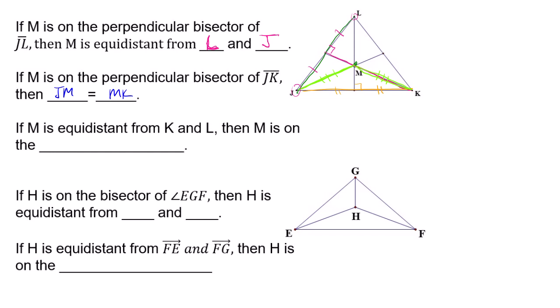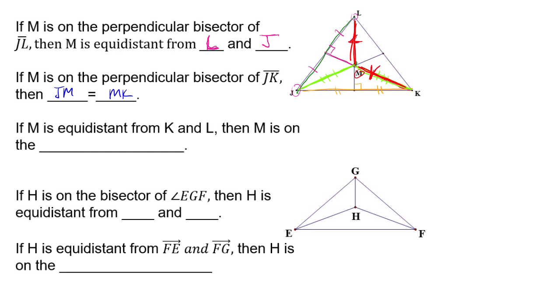All right, next: if M is equidistant from K and L, then M is on the, so if M is equidistant from K here and L here, right? So if those distances are the same, make a 5 here like that.